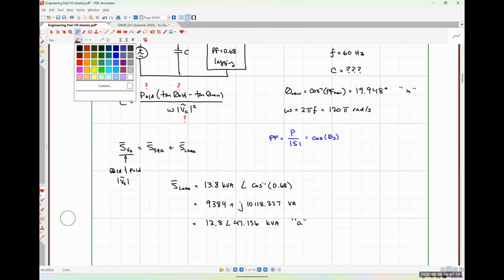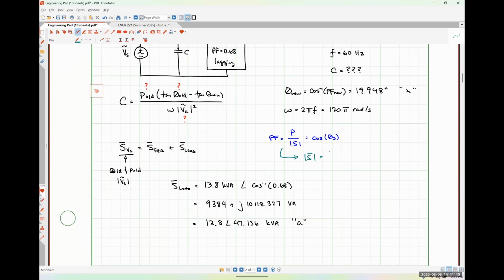All right. Well, in instances where you're given average power instead of apparent power, you can simply rearrange this power factor relationship. And what you'll find is that your apparent power is simply P divided by your power factor, okay?